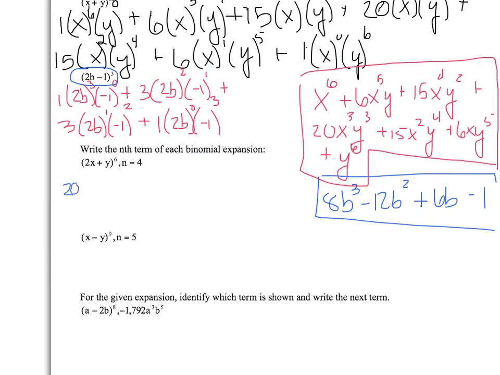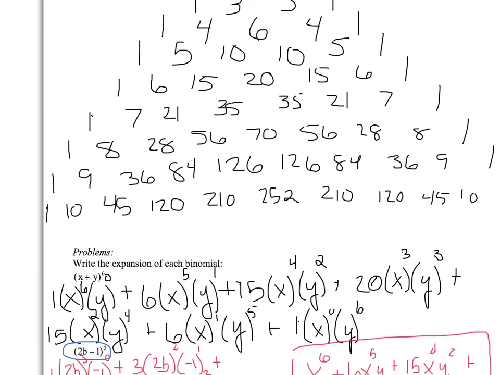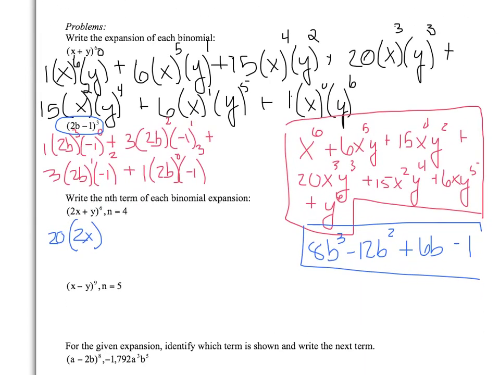So I'm going to write a 20 times 2x to what power? Well, we know it should start at the sixth power if I were starting at the first term, and then it drops down a power each time. So sixth, fifth, fourth, third. So 2x will be to the third power times y to what power?